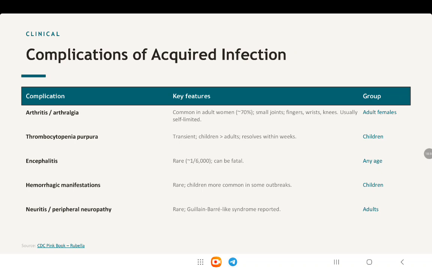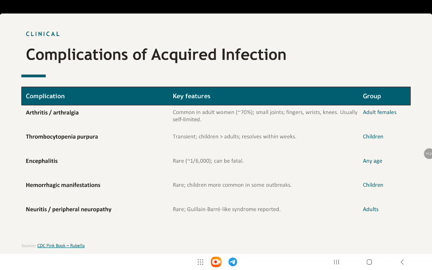Complications of the acquired infection. The most common complication is arthritis or joint pain, especially in adult women. Thrombocytopenic purpura, where the platelet count falls, leads to easy bleeding. A more serious complication may occur when the virus reaches the brain and causes encephalitis, inflammation of the brain.